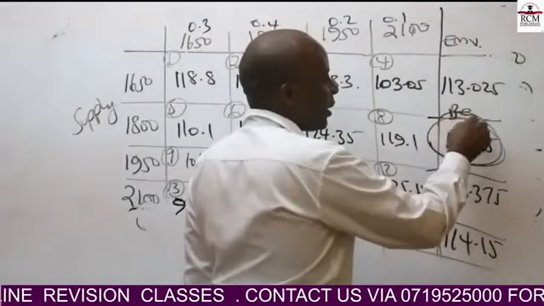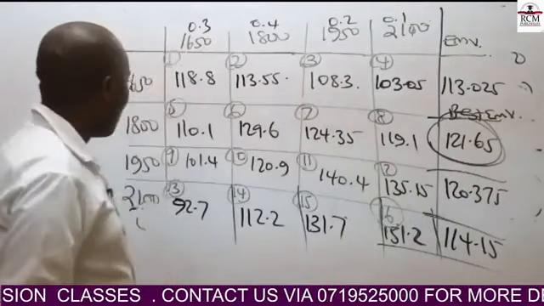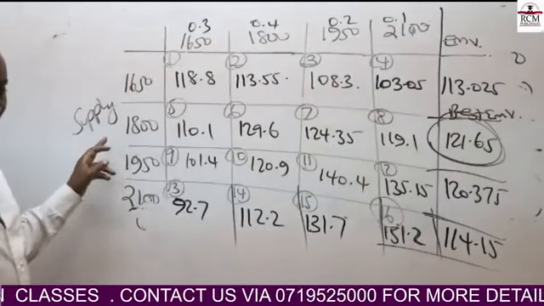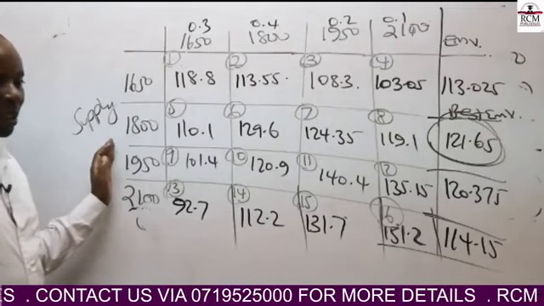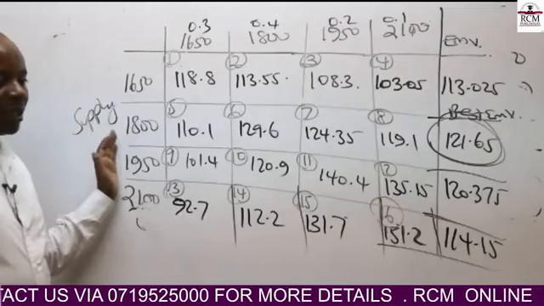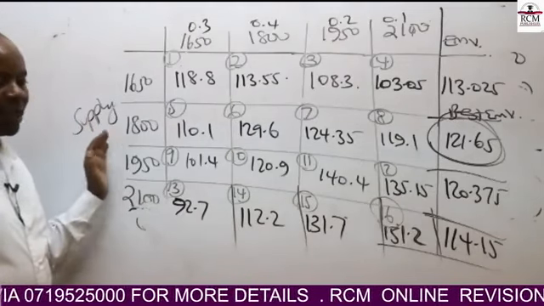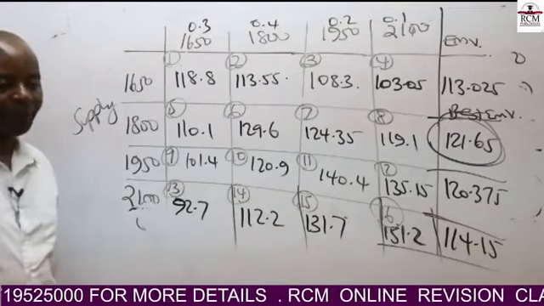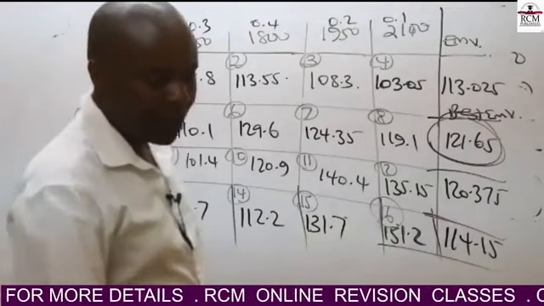So this is the best EMV. And then we'll have to ask these people to sell how many bracelets? 1,800 bracelets. The company should sell 1,800 bracelets.